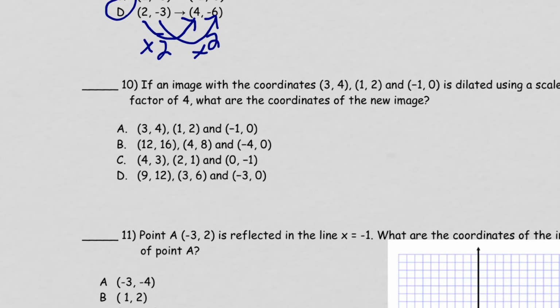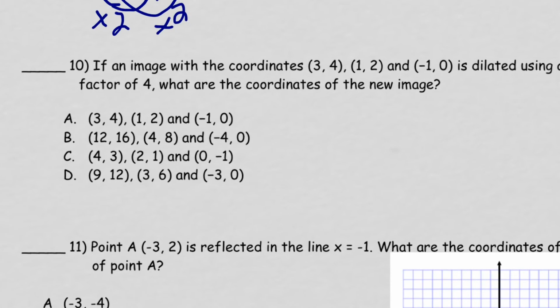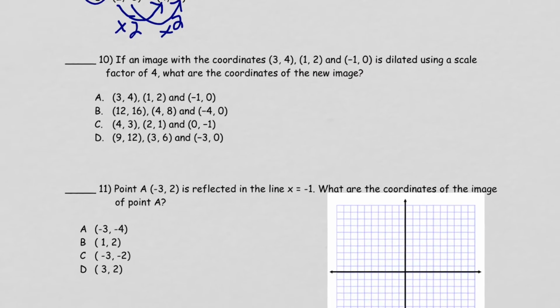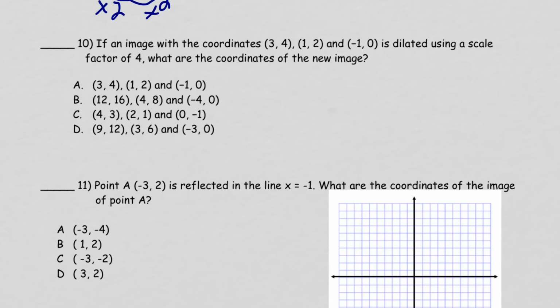Number 10, if an image with these coordinates right here, 3, 4, and 1, 2, and negative 1, 0, is dilated using a scale factor of 4, what are the coordinates of the new image? Well, that means we're going to multiply every single one of these values by 4.